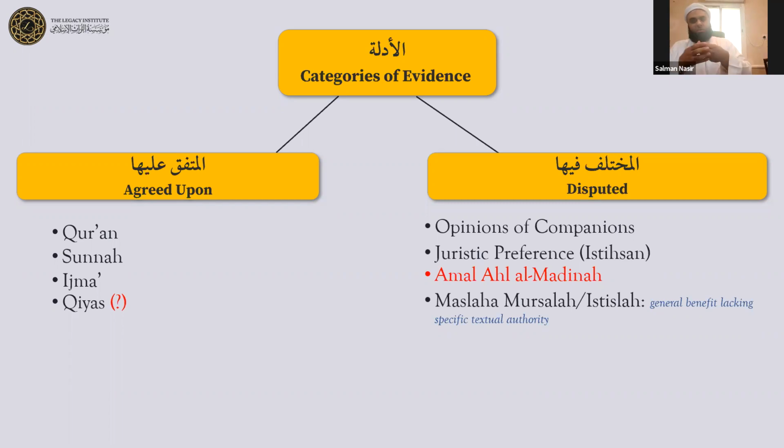Basically, it is departing from one evidence in favor of another evidence for some compelling reason that the jurist, the mujtahid, feels makes this evidence more compelling, it makes it stronger in this particular case.